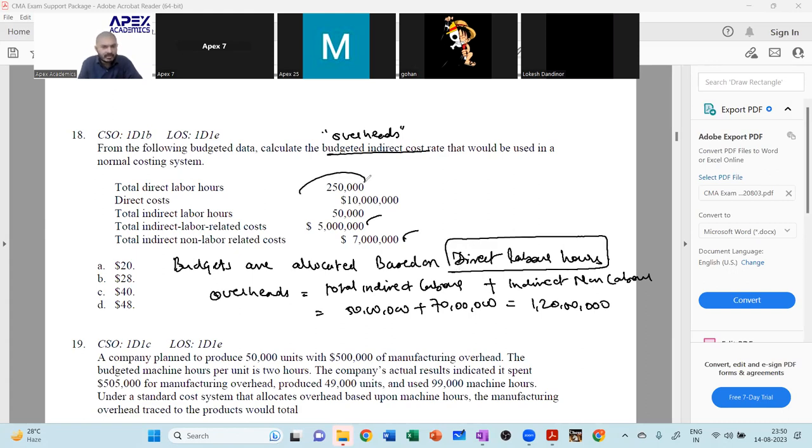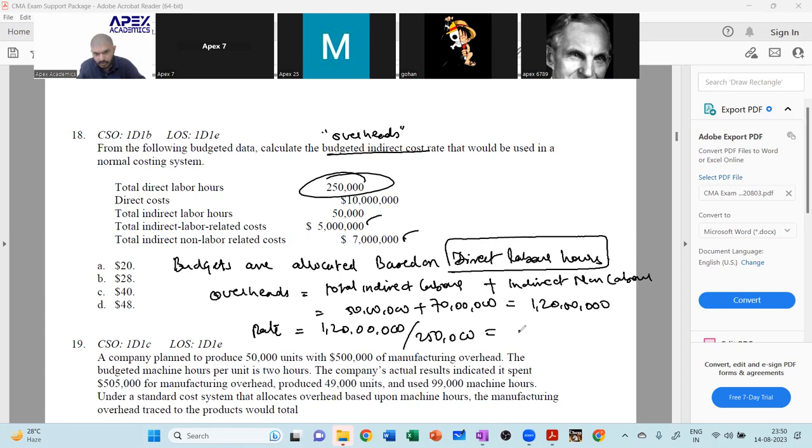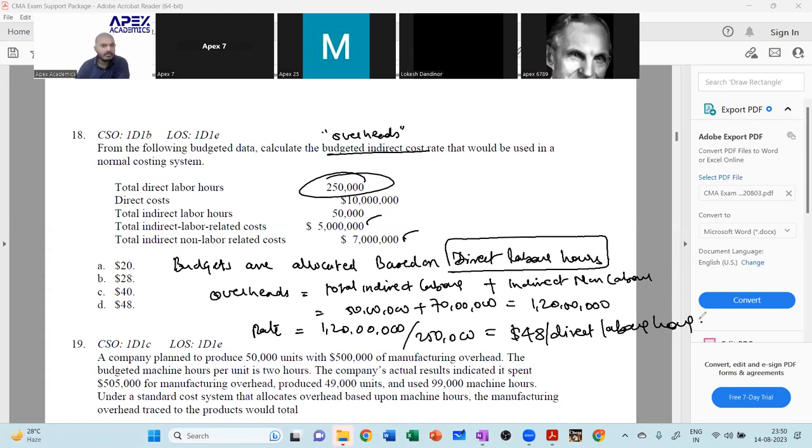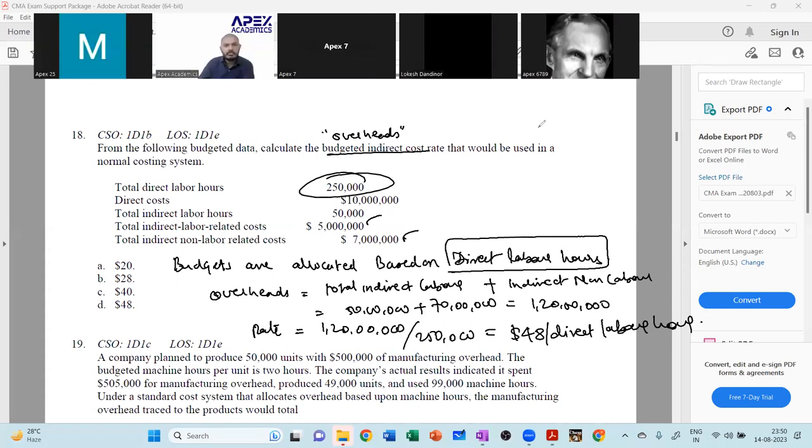So the rate is going to be 1 crore 20 lakhs divided by 2,50,000, and my answer comes to $48 per direct labor hour. Are you with me, guys? I hope you are. Please copy this down. Yeah, you have a doubt. Please go ahead.